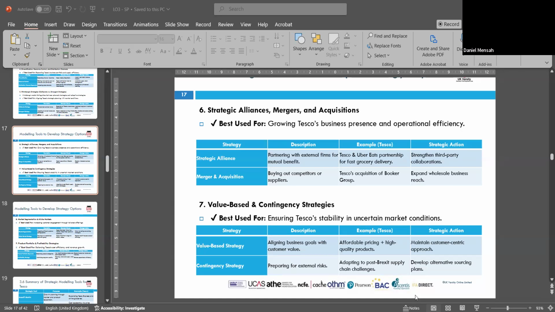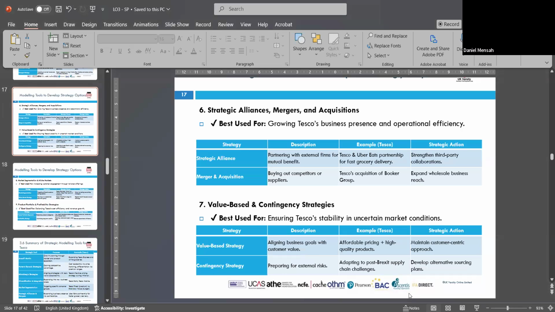We can take an example of Coca-Cola, because they adjusted their marketing strategies and supply chain operations during global economic downturns. So both strategies help businesses respond effectively to market conditions. Value-based focuses on long-term customer value and contingency offers flexibility in dynamic situations.